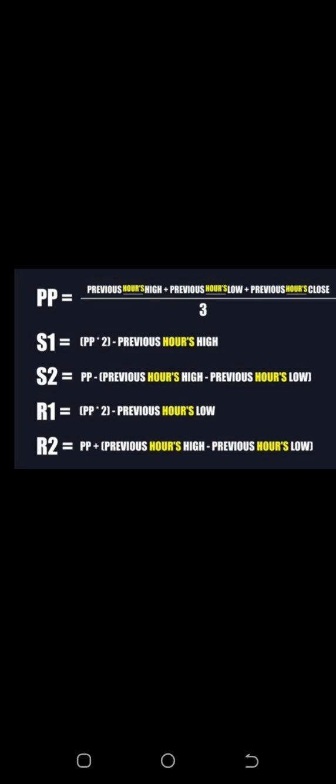So futures you can trade both ways. They trade the buy market, which is the long, and then the sell shorts. So they trade both ways. The only difference is in futures, you don't own the quantity of the asset you're buying. That is the only disadvantage of the futures market.